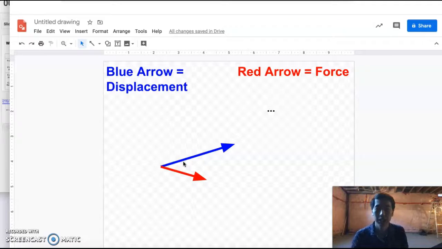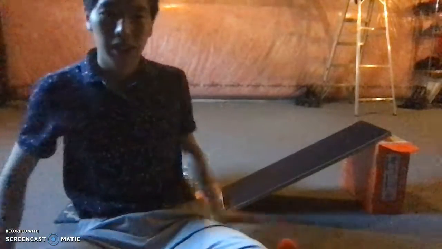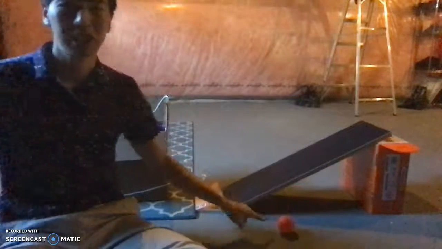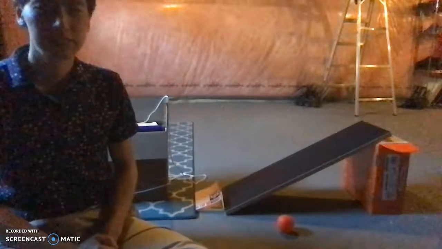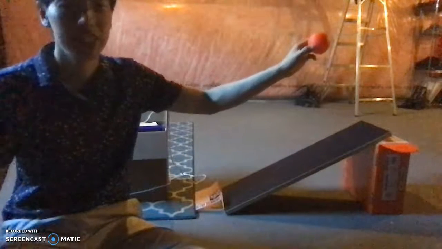All right, so let's get into some actual, simple scenarios. I'm going to start with just picking up a ball. So there's a ball, and the experiment's very simple. All I do is pick it up. That's it.